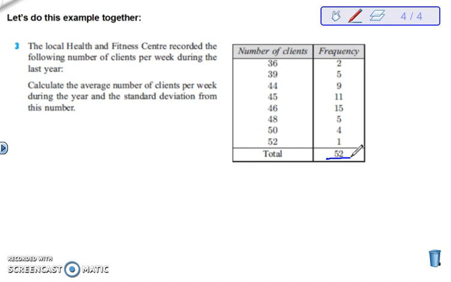So what I would probably want to do is start by making a little column here and multiplying each number by its frequency. So this is going to be the frequency times x.